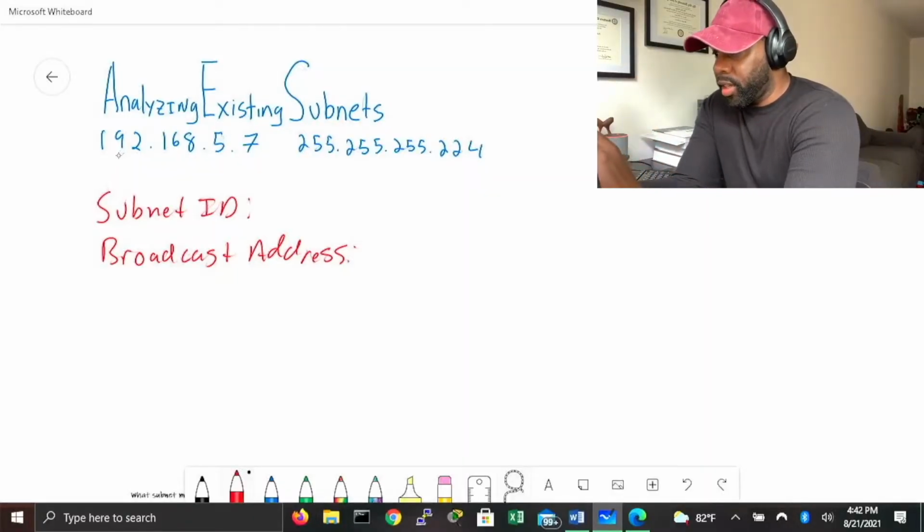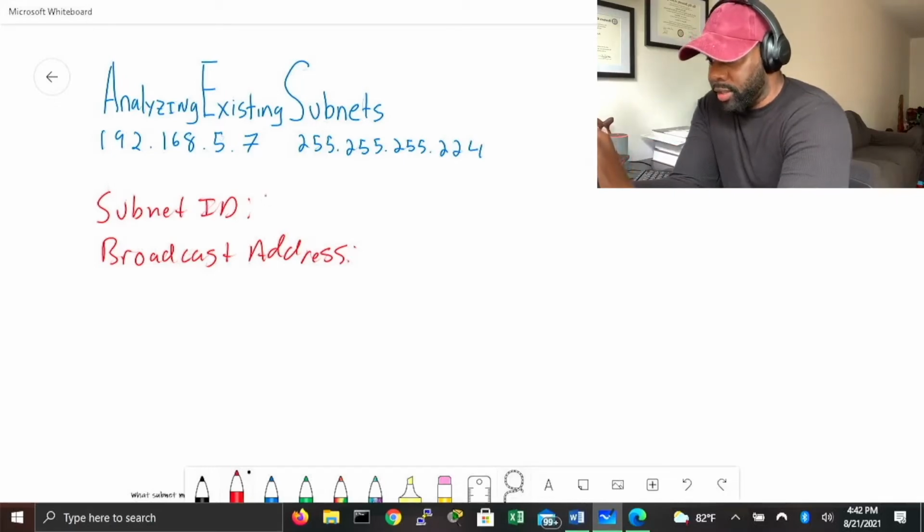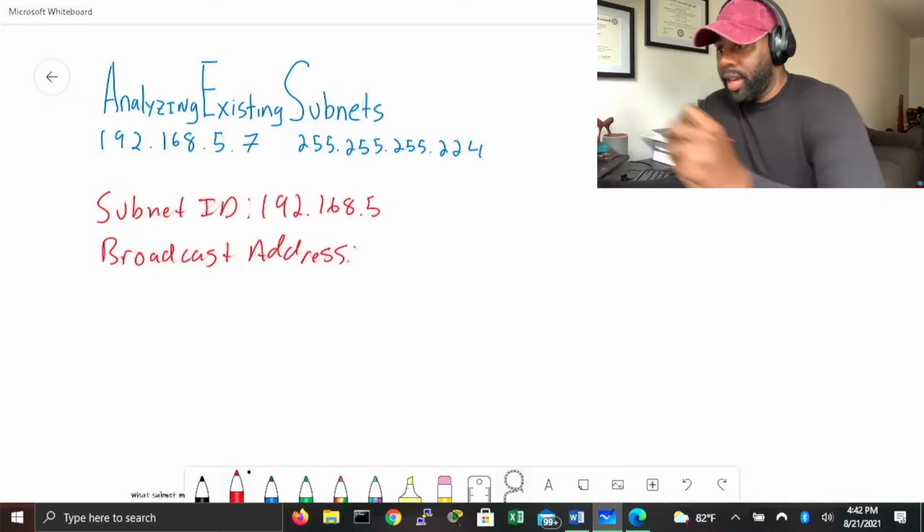Okay, so what's the first thing we're gonna do? Step 1 says, wherever we see a 255, we just copy the corresponding value over. So we see 255 in the first 3 octets, so we write 192.168.5.